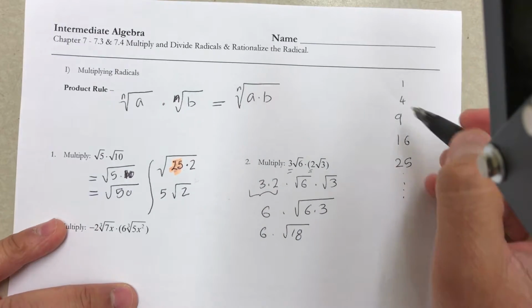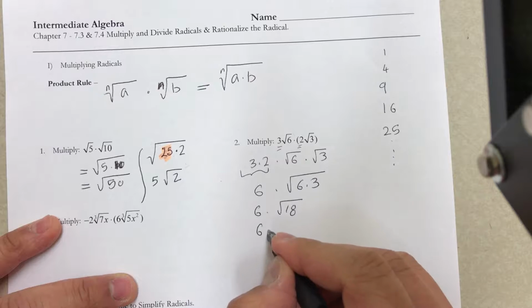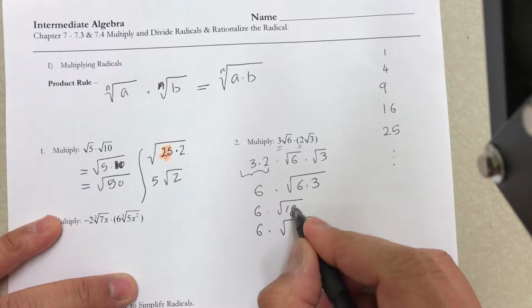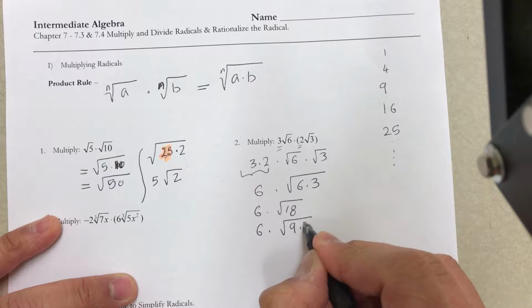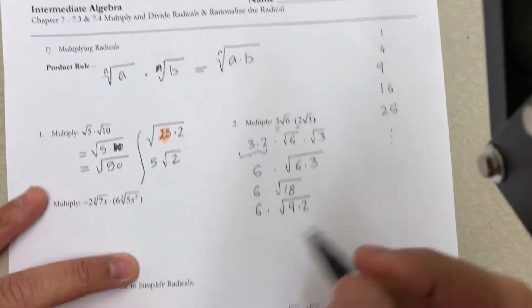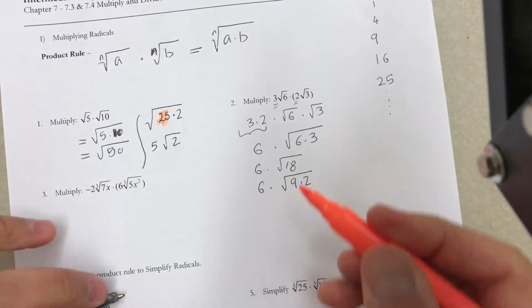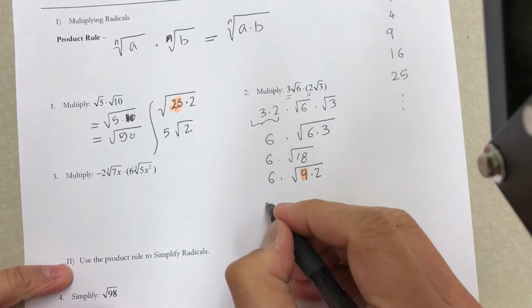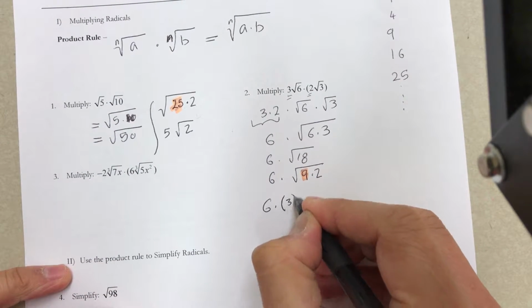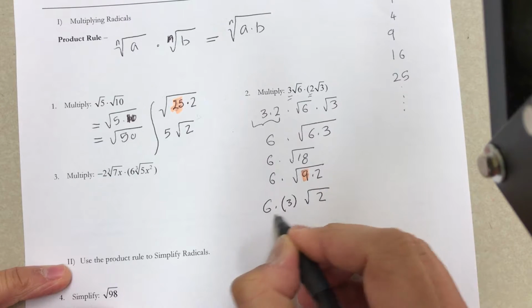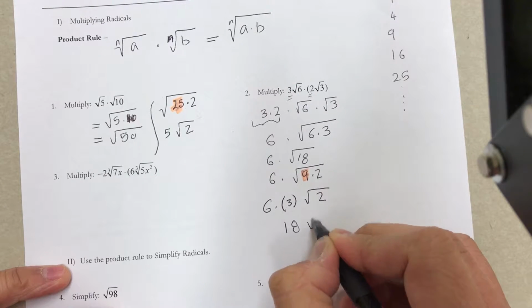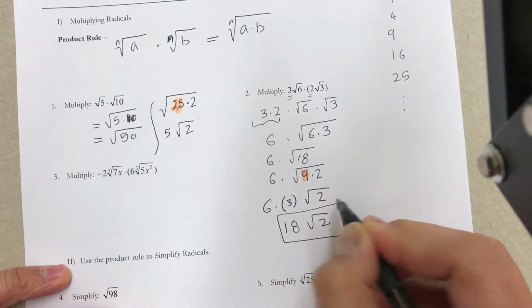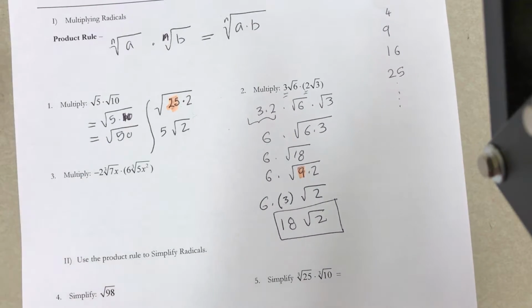Well, it turns out that 9 does go into 18, so therefore, we will rewrite 18 as 9 times 2, because 9 times 2 is 18. Now, 9 is a perfect square, so we're going to go ahead and pull out a 3. We pull out a 3, and then 6 times 3 is 18, so therefore, our final answer for number 2 is 18 root 2.